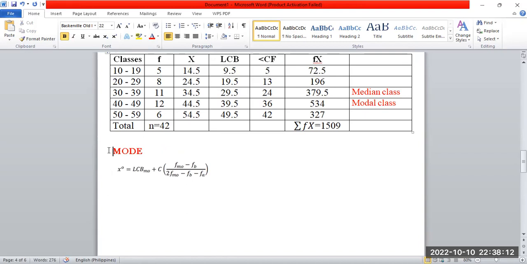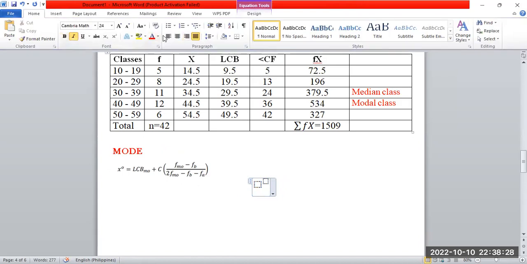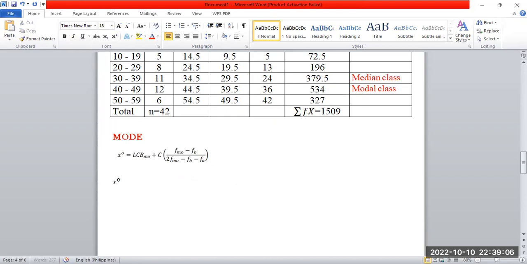So, for the mode, that is equal to the lower class boundary of the modal class.